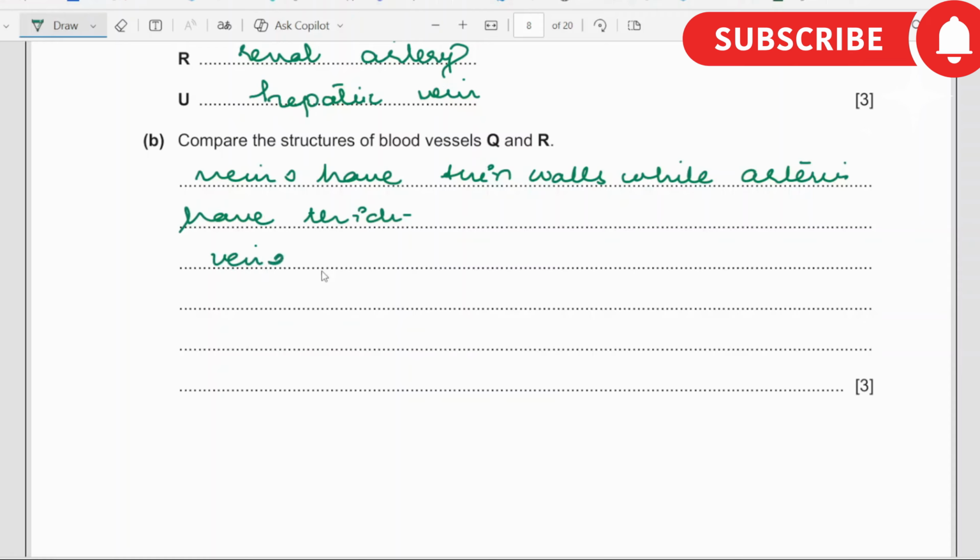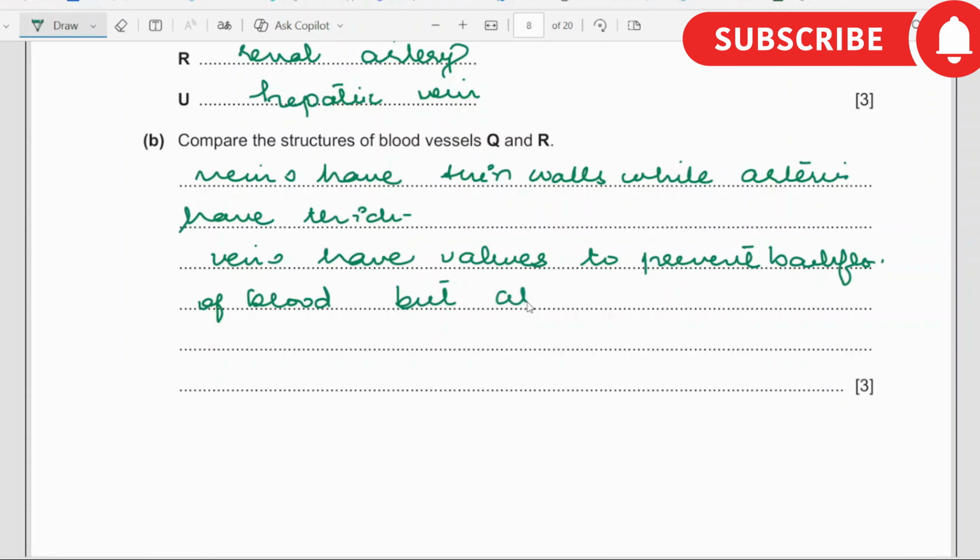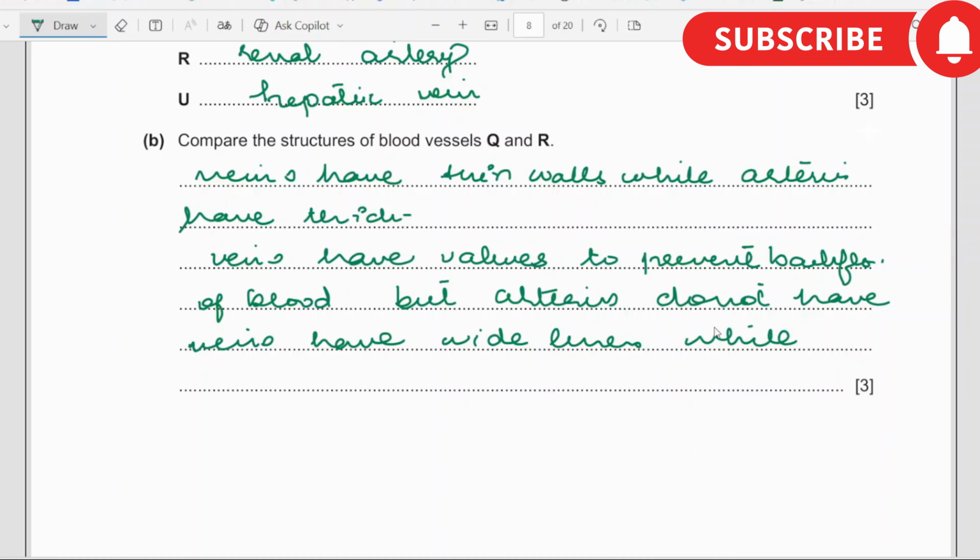Veins have valves to prevent the backflow of blood, but arteries do not have. And the last one was the lumen, right? Veins have wider lumen, while arteries have narrow lumen.